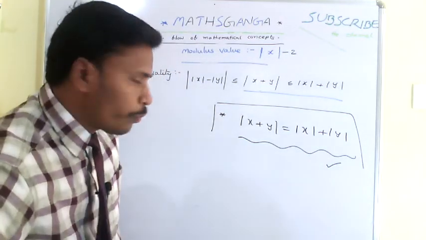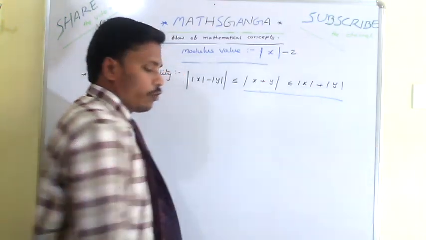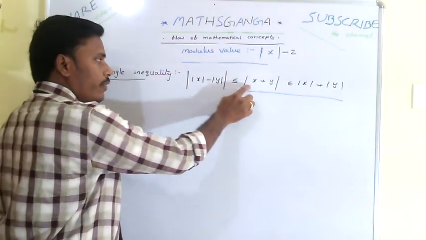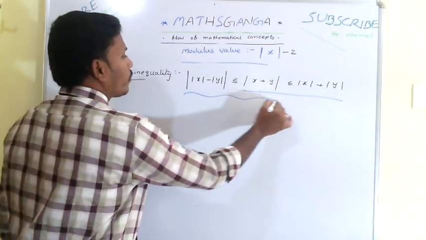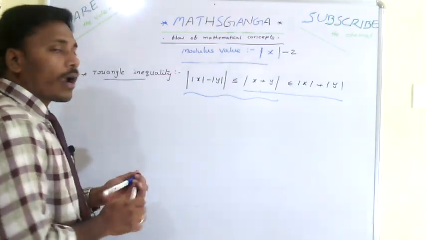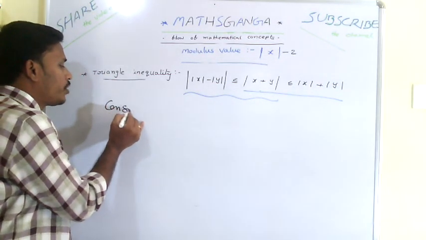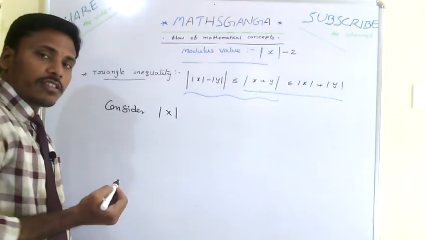So now coming to prove the first part of the triangle inequality, we have to prove that modulus of mod x minus mod y is less than or equal to mod x plus y. This part we are going to prove. To prove this part, we have to consider initially mod x.